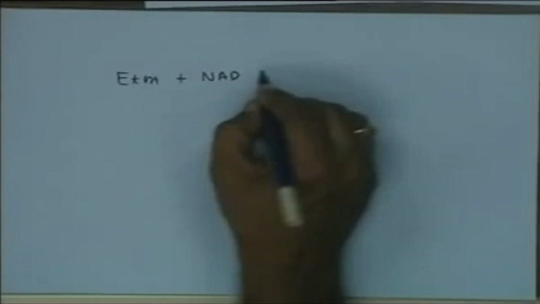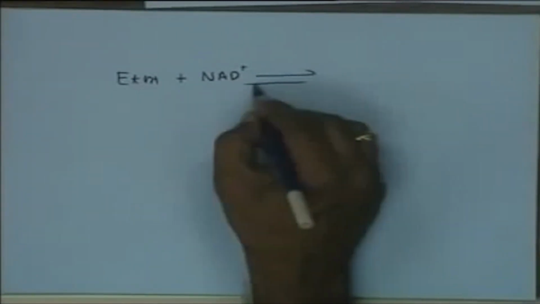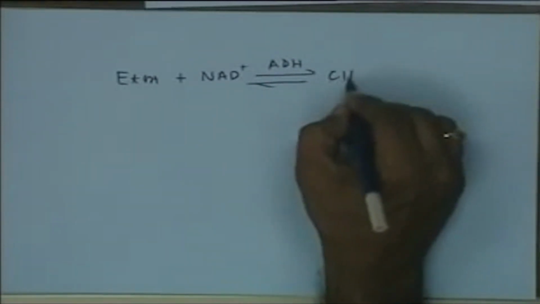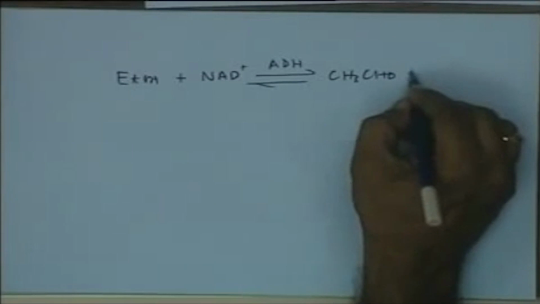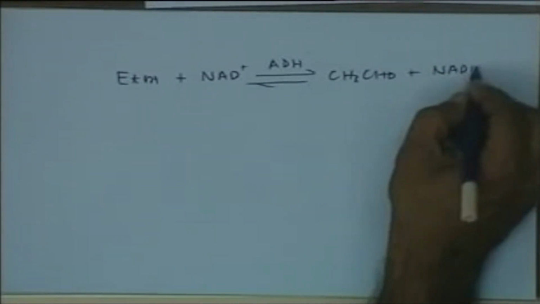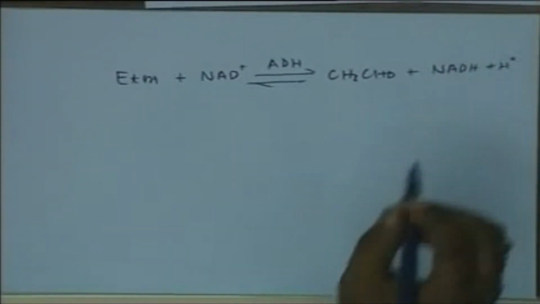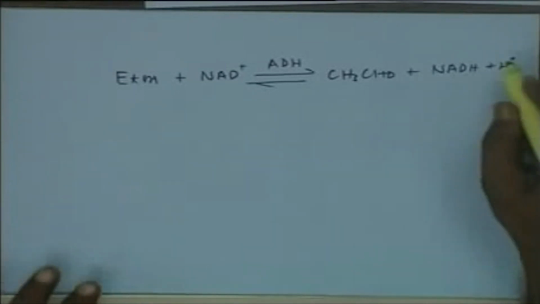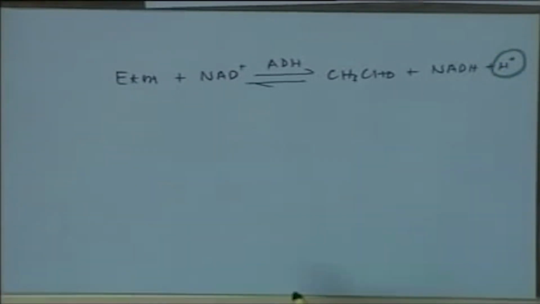If you take, for example, ethanol oxidation by alcohol dehydrogenase forming acetaldehyde plus NADH plus H+. If you consider such a reaction, you will notice that the concentration of hydrogen ions can be regulated by the pH of the environment.